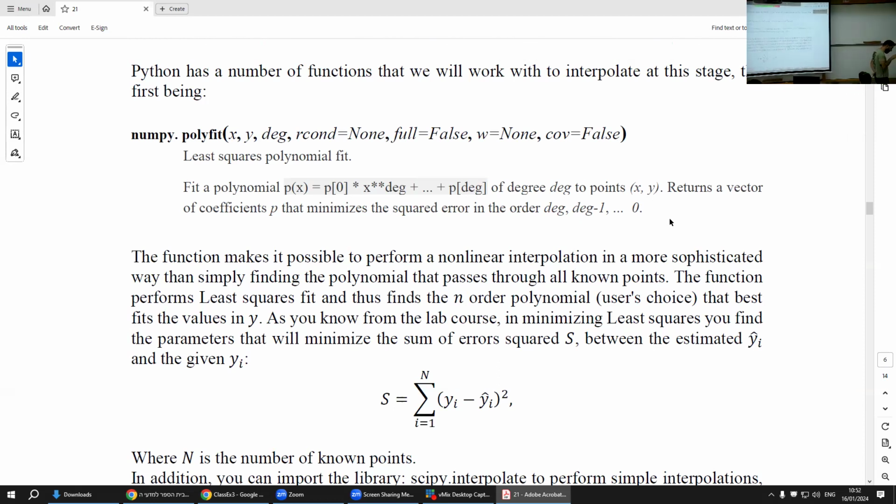This data has some errors, and we want, for example, we know that the function is linear, so we tell the computer the function has to be ax plus b, but which a and which b will the computer choose? The answer is also we tell the computer that we want the function somehow to be as close as possible to these points.